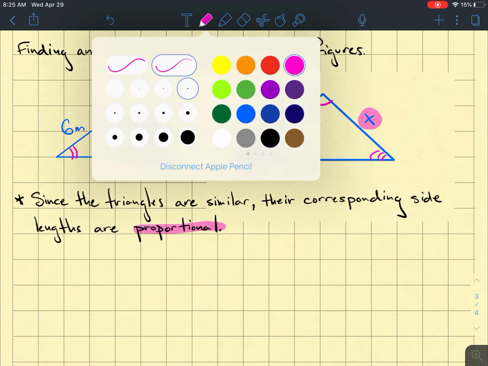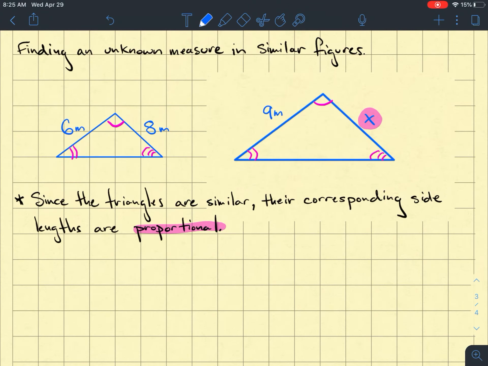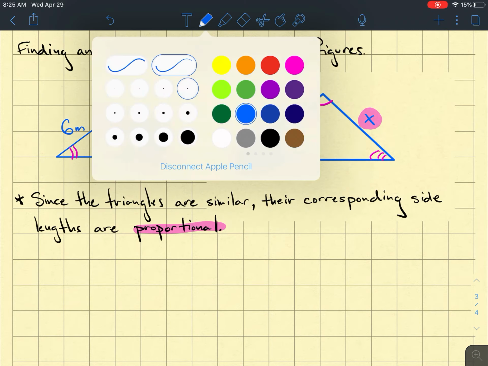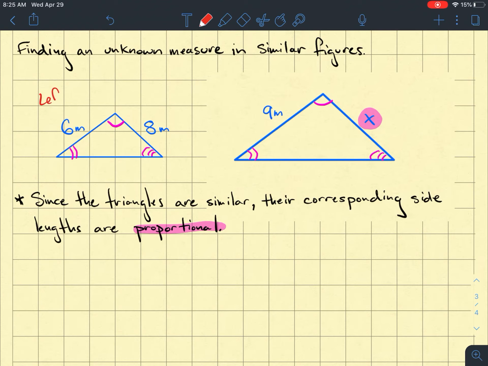Let's take a look at the first triangle, and we have two sides of the triangle that are given to us. We have the left side and the right side, and this is just for identification as we write. So we're going to put the left side over the right side in our proportion.